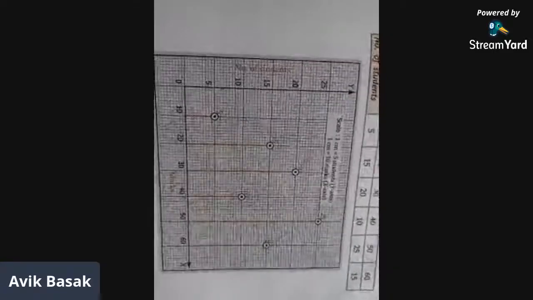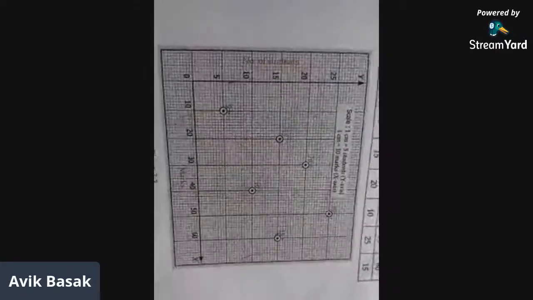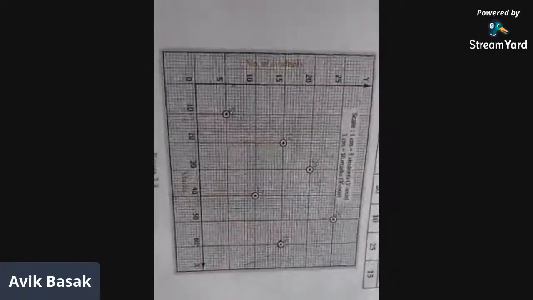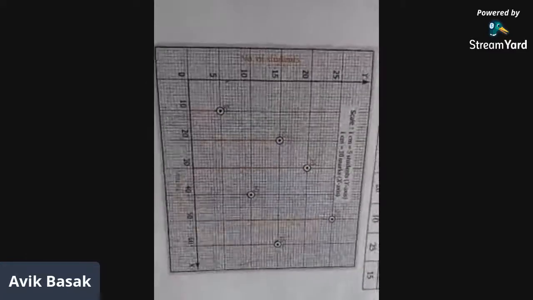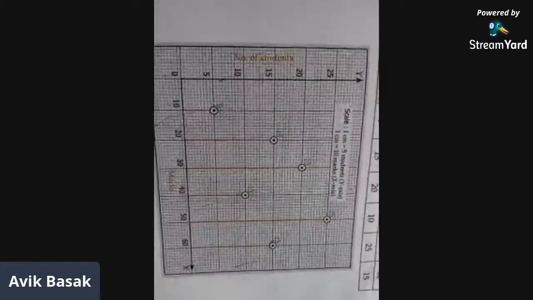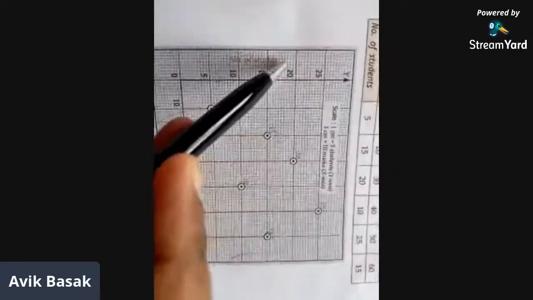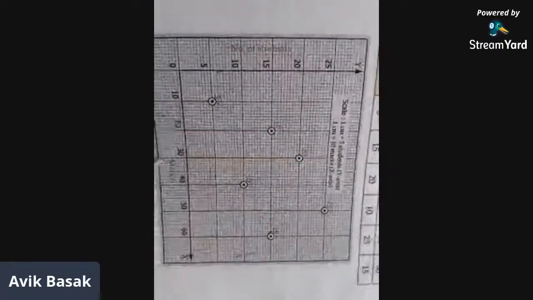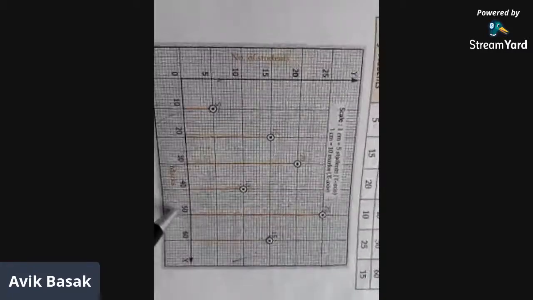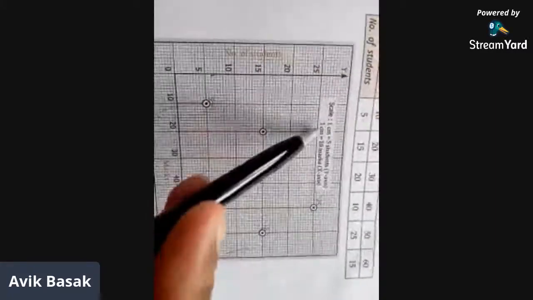Don't take any tension. How is the line graph shown here? Students, be very clear: you must give the heading on the x-axis and y-axis. It is very important. Plus the scale.